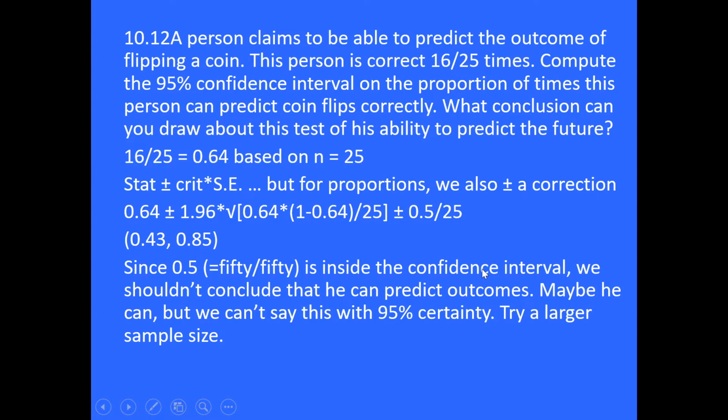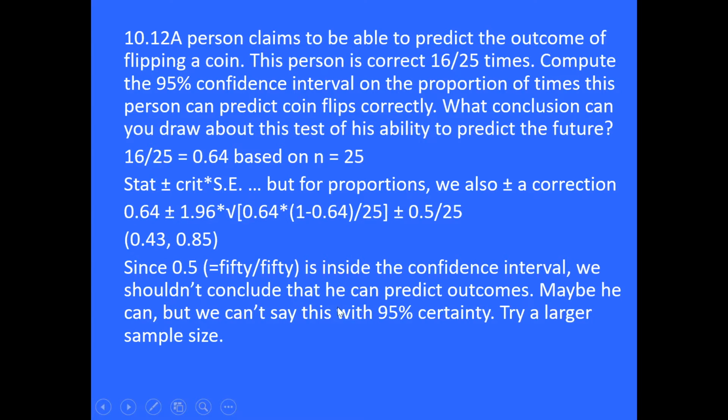Now, we don't know for sure, because this is just a confidence interval. He may be able to predict the outcome, but this is not strong evidence of that. How would we get strong evidence? One thing we could do is increase the sample size and run the whole experiment again.